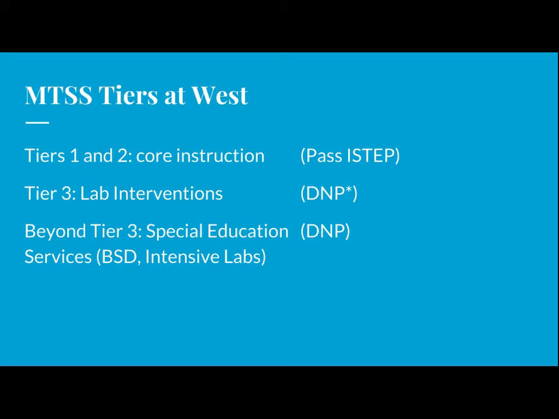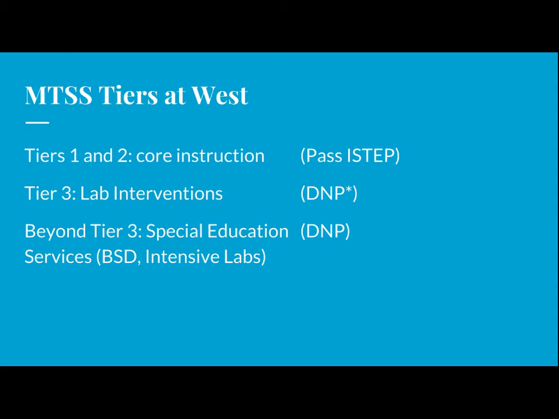These students receive lab interventions at our building. Any student who is beyond that is what we consider beyond Tier 3. Those are students who receive special education services, things like BSD, basic skills, or intensive labs. These are for our students who did not pass I-STEP by 26 or more points.